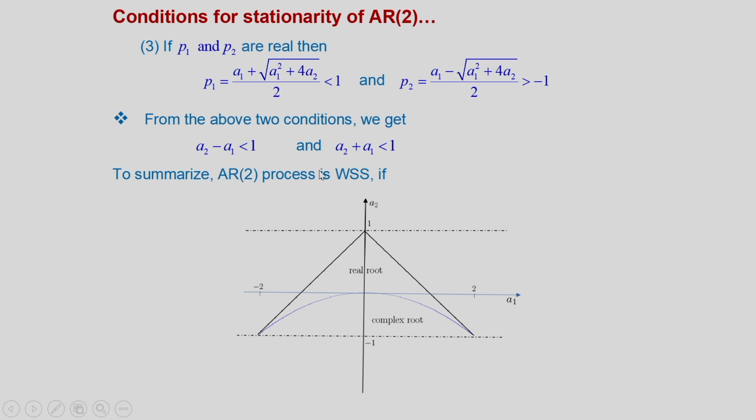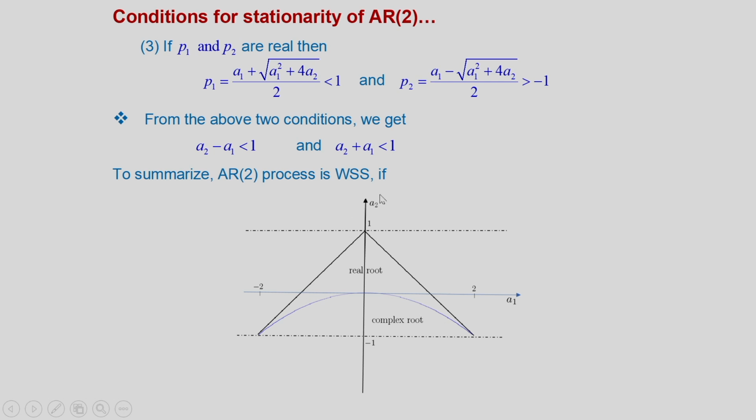So, to summarize, now the AR2 process is WSS if my A1 and A2 are within this region. So, for real roots it should be in this part, for complex roots it should be inside this parabola. So, these are the conditions we get by analyzing the roots of the characteristic equation.